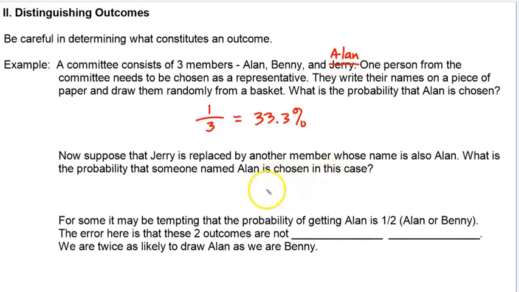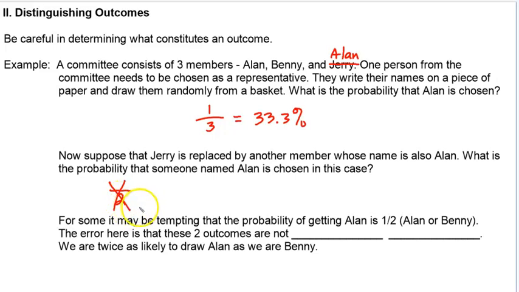I may have had people in the past that would have said, well, now there's only 2 different people to choose from, so therefore I must have a denominator of 2. Well, that's still not the case. The case remains that there's still 3 different pieces of paper in the basket.